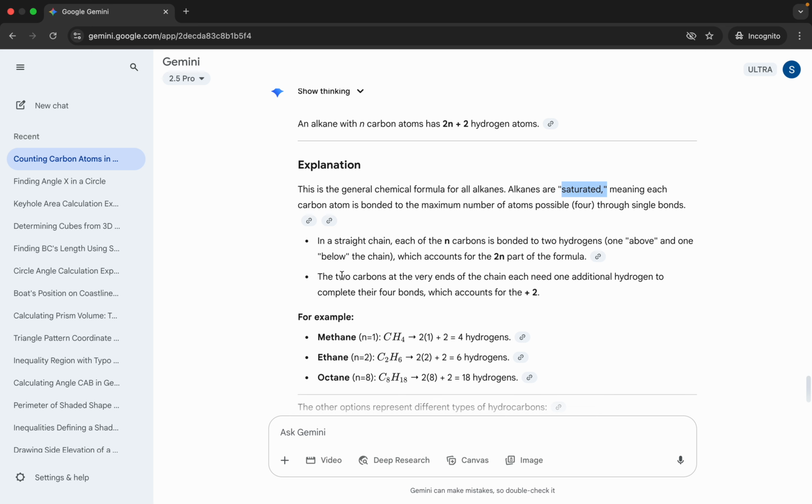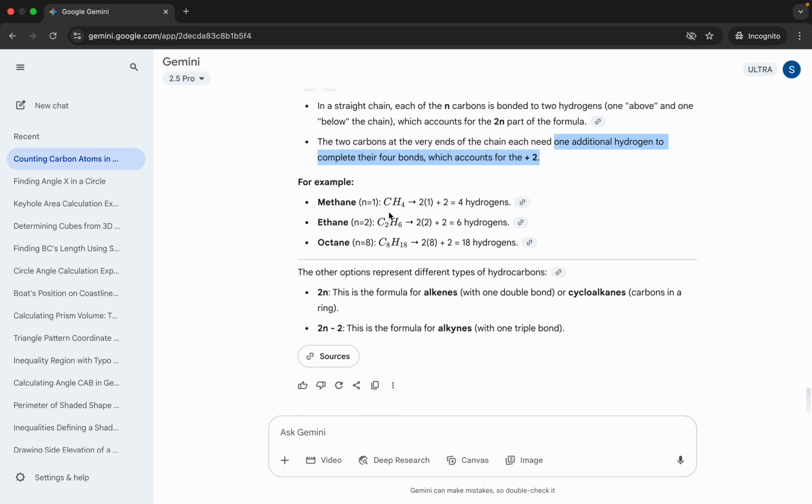The 2 carbons at the very ends of the chain each need one additional hydrogen to complete their 4 bonds, which is the plus 2. For example, methane has 4 hydrogens, ethane 6, octane 18.